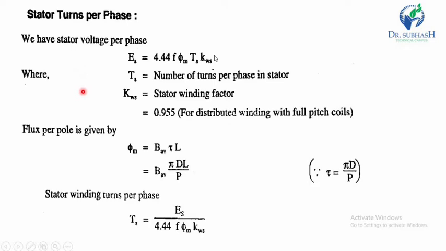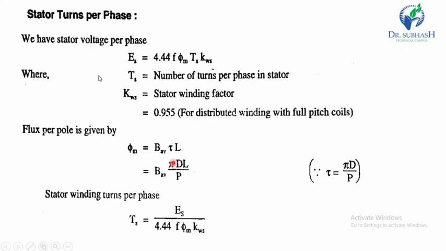First of all we have to find out the turns per phase, and from the EMF equation we find the equation of turns per phase. Here Ts is the number of turns for the stator, and kWs is the stator winding factor, which is 0.955, and the winding factor is actually the product of our pitch factor and distribution factor.